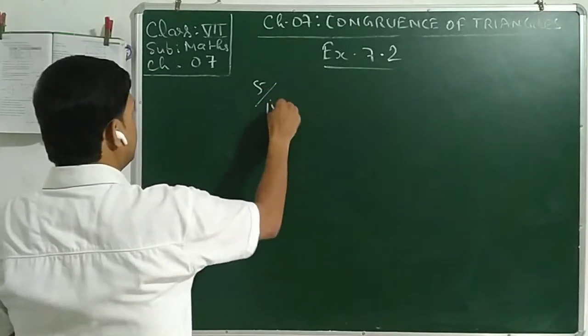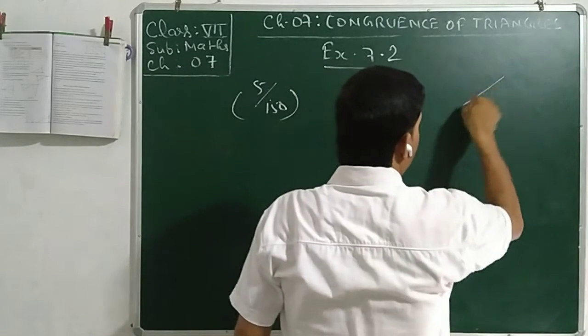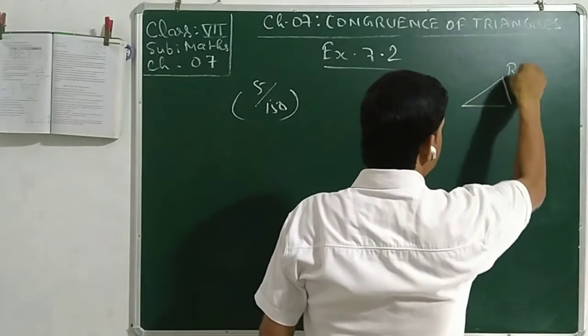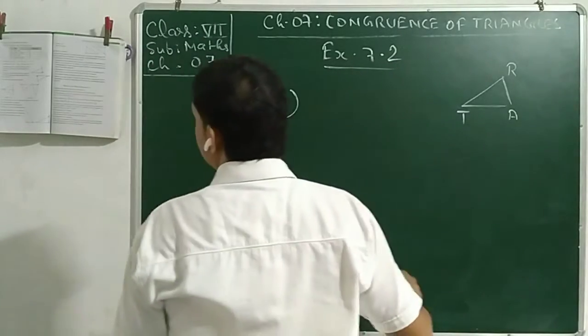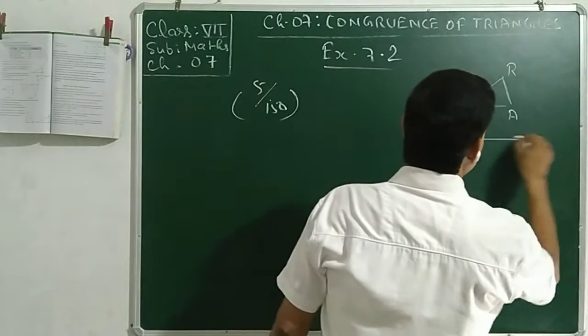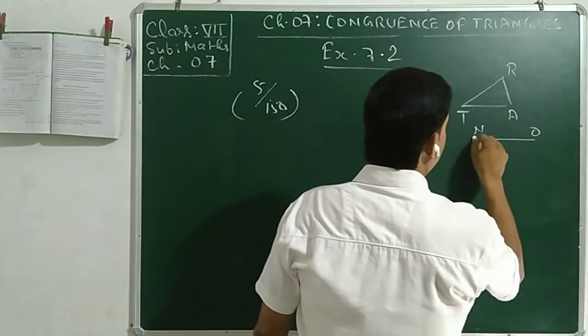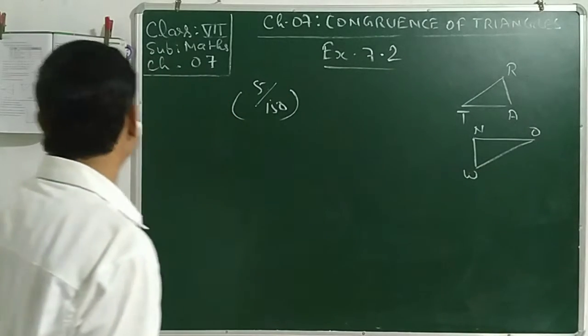Page number is 150. See, the triangle RAT is drawn like this. R is here, A is here, and T is there. And another triangle NOW, that is N, O and W, like this I have taken.